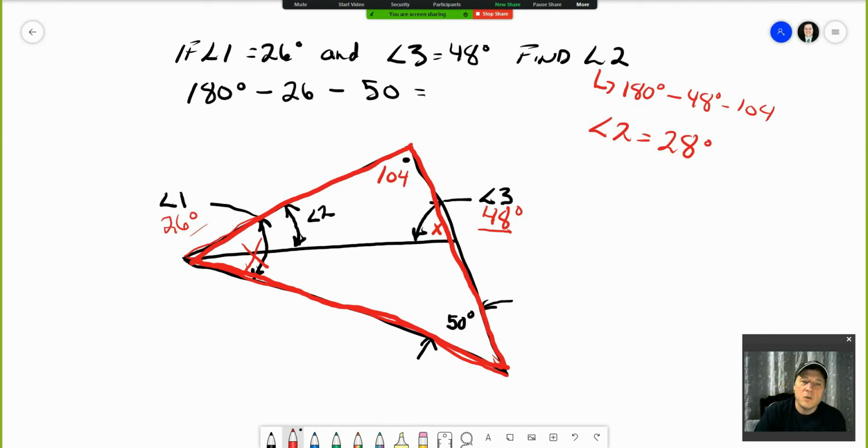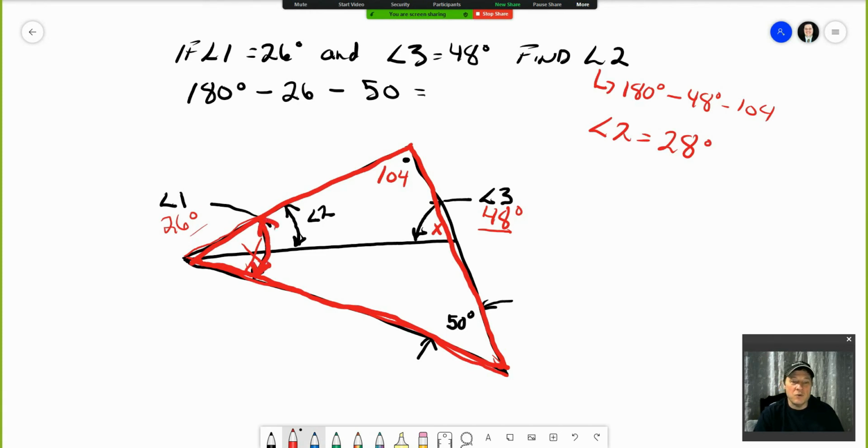Let's say we want to just solve angle 2. Well, angle 1 is here. I don't know, like this angle here and this angle here may not be the same. We can't assume that they are. I know that this full angle right here is 26 degrees.